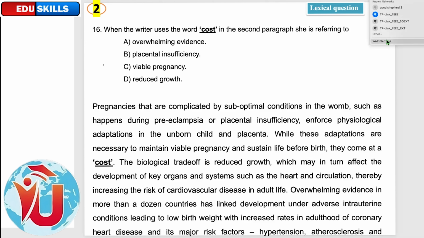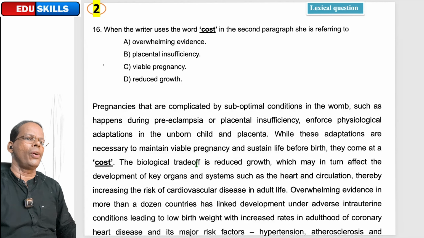The biological trade-off is reduced growth, which may in turn affect the development of key organs and systems such as the heart and circulation, thereby increasing the risk of cardiovascular disease in adult life. Overwhelming evidence in more than a dozen countries has linked development under adverse intrauterine conditions leading to low birth weight with increased rates in adulthood of coronary heart disease and its major risk factors, hypertension, atherosclerosis.